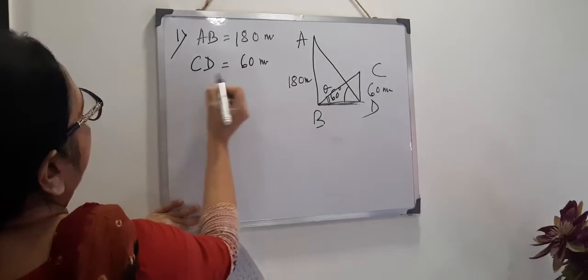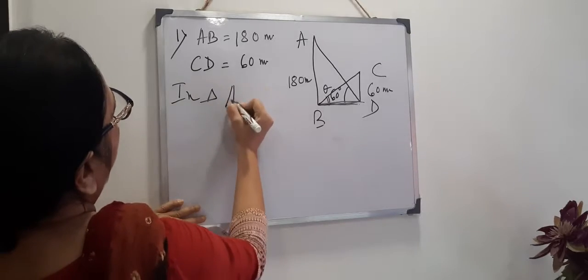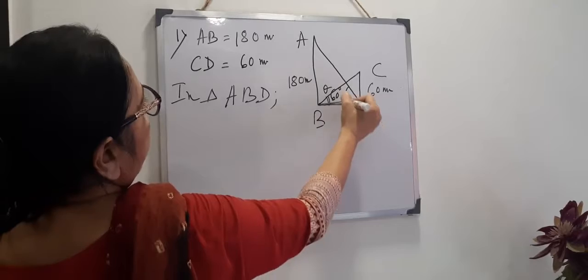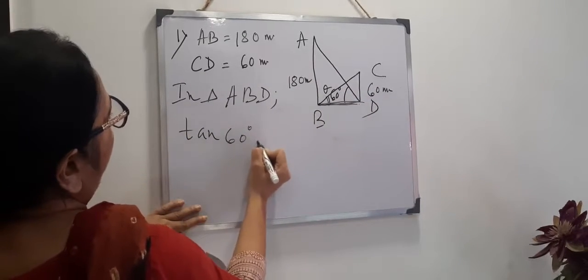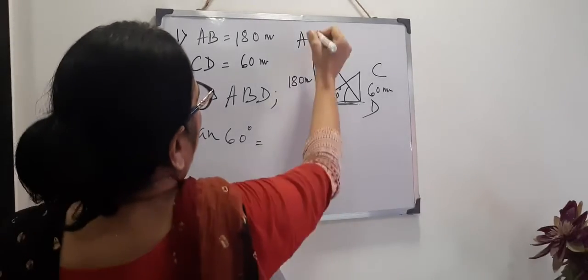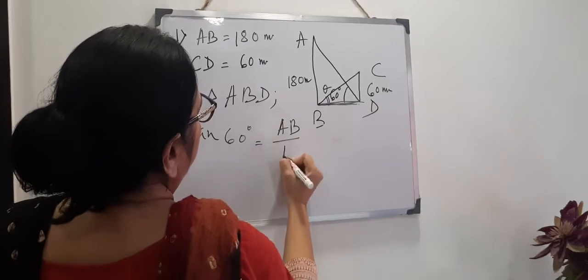Now we are taking triangle A, B, D. This angle is 60 degree. So tan 60 equals to, you know, tan means perpendicular by base. Your perpendicular is AB and base is BD.